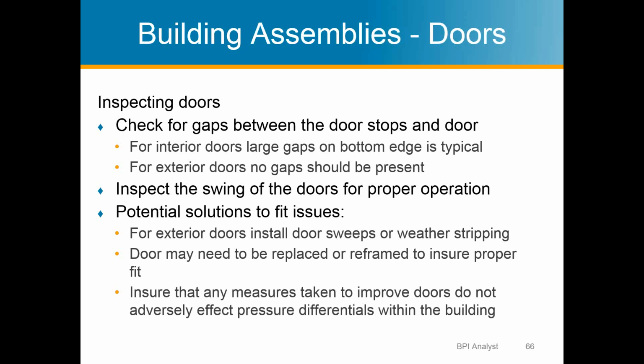One really great use of an infrared camera is just with your blower door running and your door closed, you can check for leaks in the weather stripping around the door. You can see it really easily, and you can adjust your weather stripping. That can be an important one.